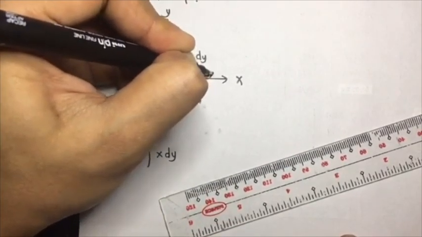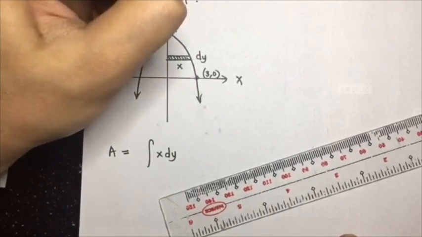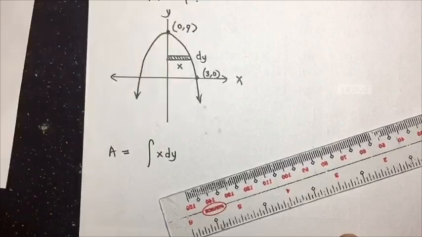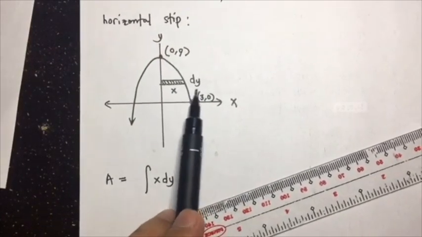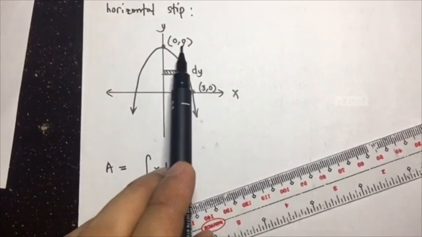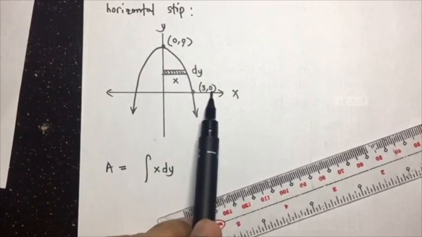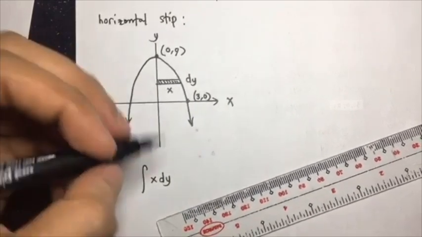This is positive 3, 0, and then this is 0, 9. If we have dy as our width of the strip, for the limits we will be using the coordinates of y. So it will be from y equal to 0 to y equal to 9.